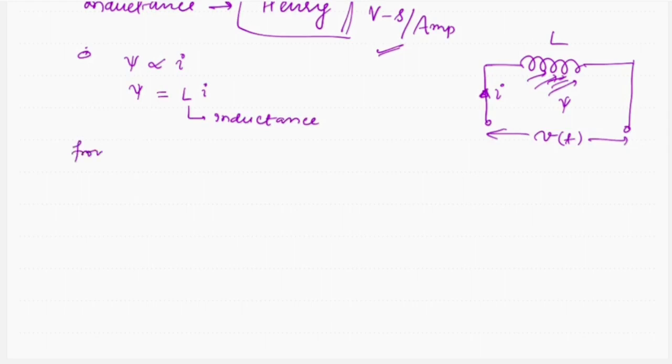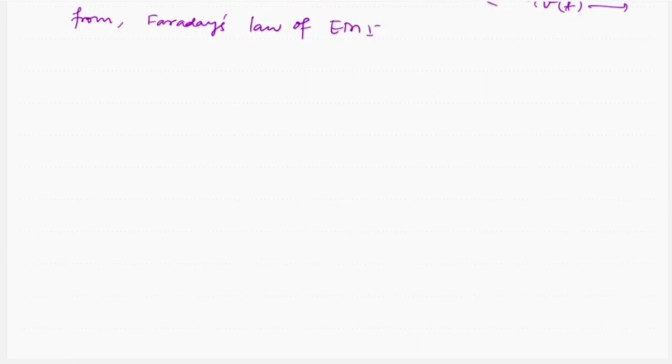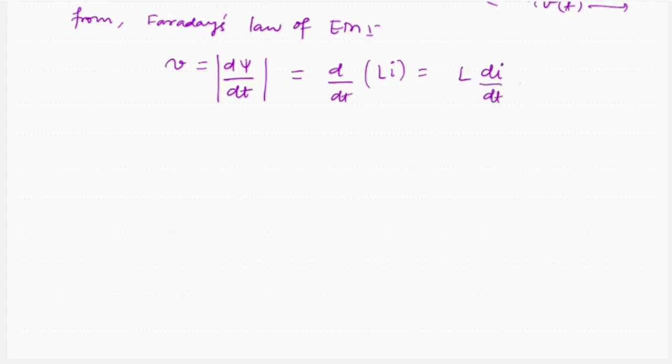Now from Faraday's law of electromagnetic induction, we know that the voltage induced is given by d psi by dt, taking only magnitude. So we get d by dt multiplied by L i. Upon simplification, we get L di by dt plus i dL by dt.